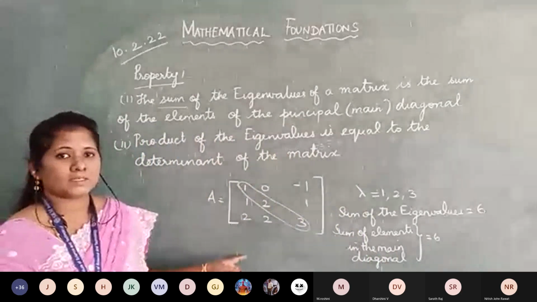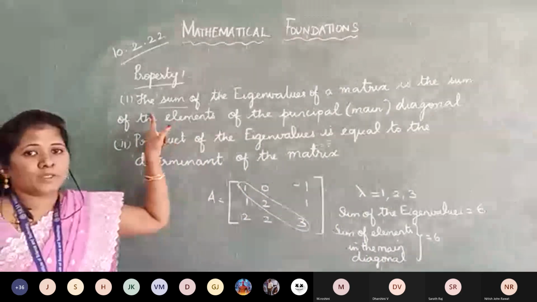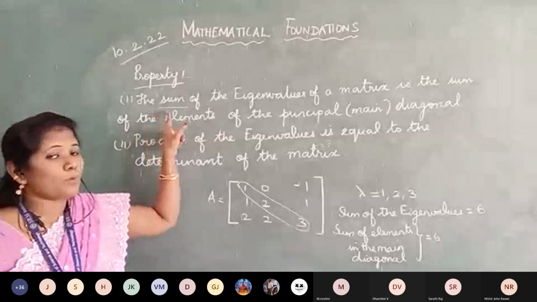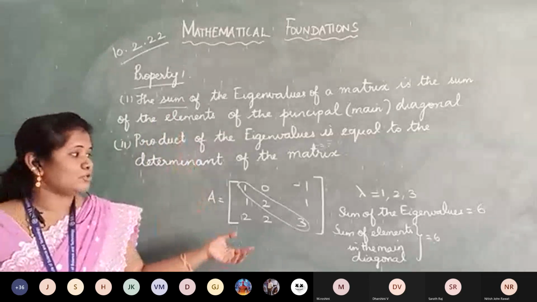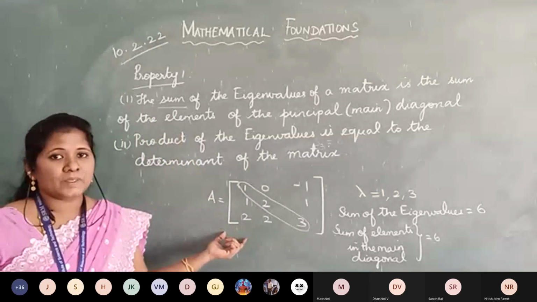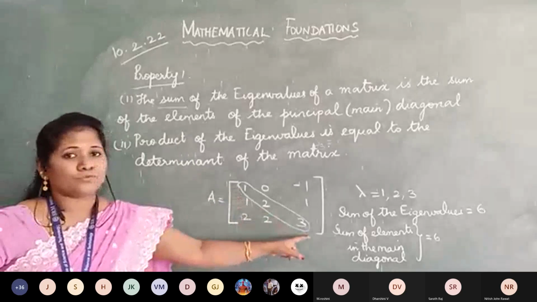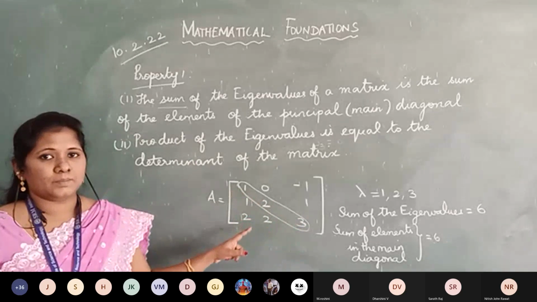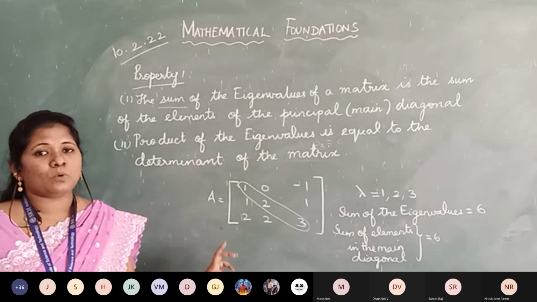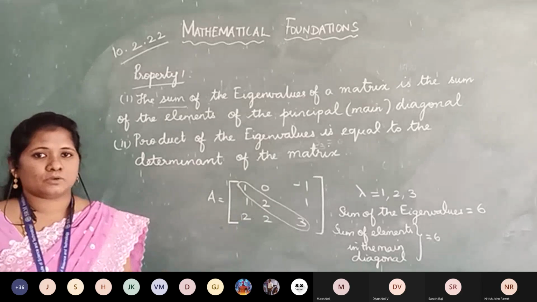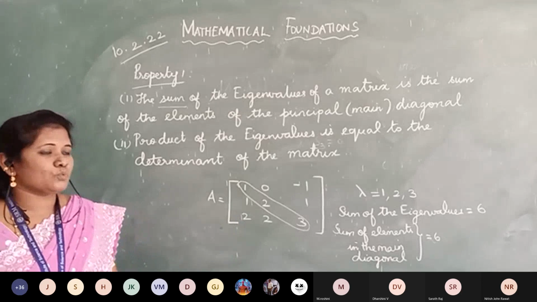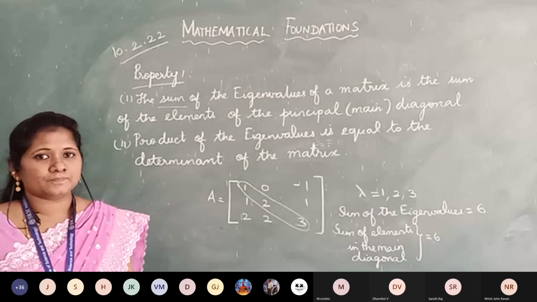So your property 1 is satisfying. The sum of the eigenvalues, whatever eigenvalues you are getting for the matrix, will be equal to the sum of the diagonal elements. That's how you will see whether whatever eigenvalue you have got is correct or wrong. That is one way of checking it.